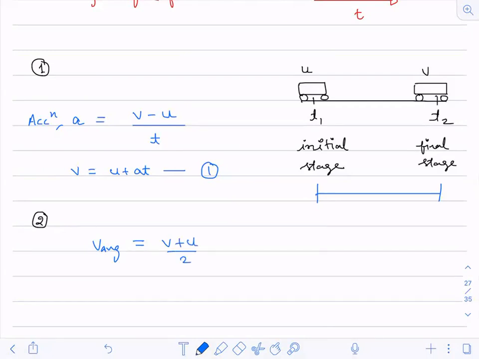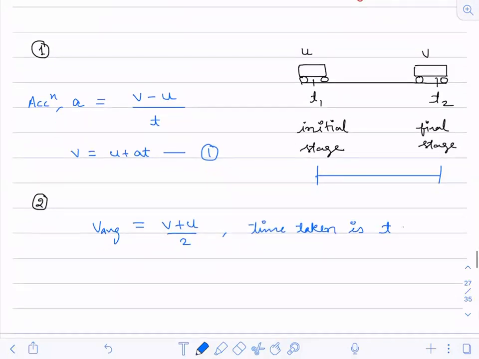Time taken is t. So what is the distance s?